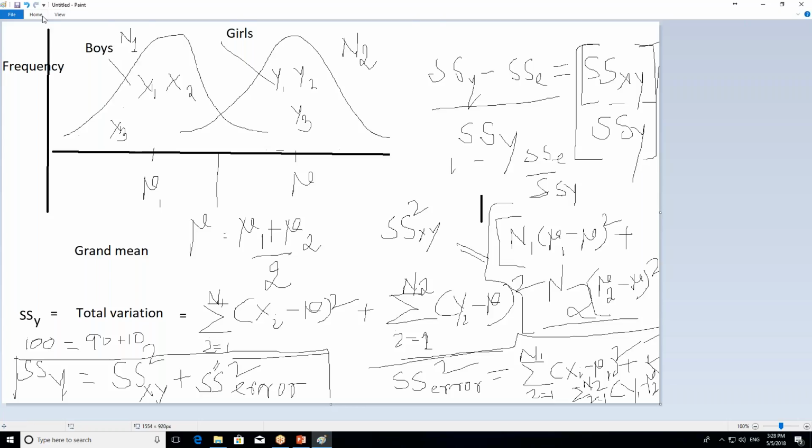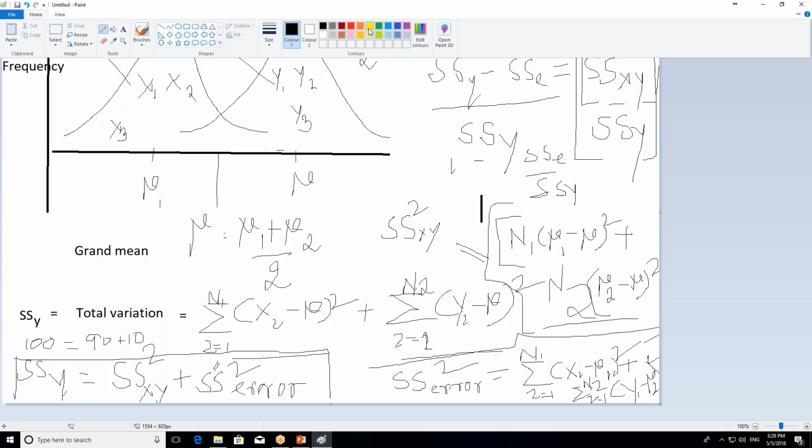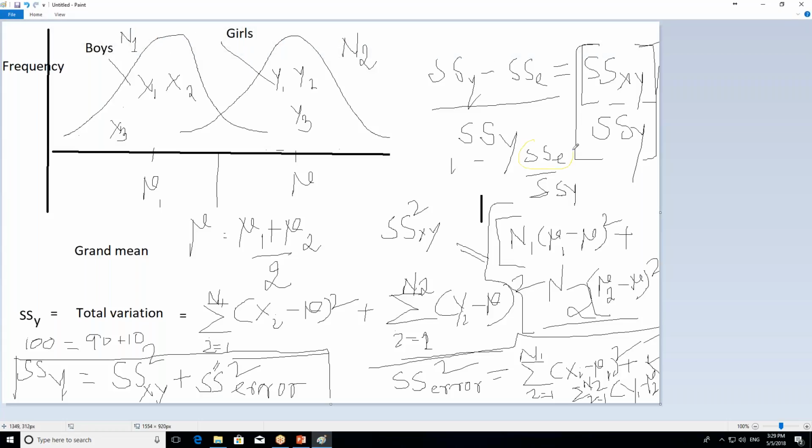When your sum square of error is 0, isn't it? So when sum square of error is 0, it means all the values of boys are on the same line and the same value, and all the values of girls are on the same line and the same value, isn't it?